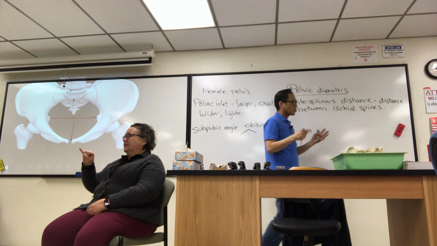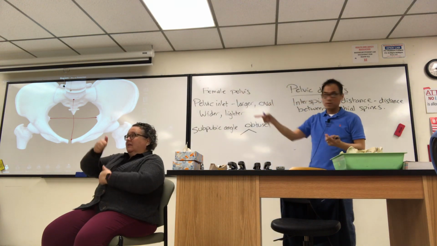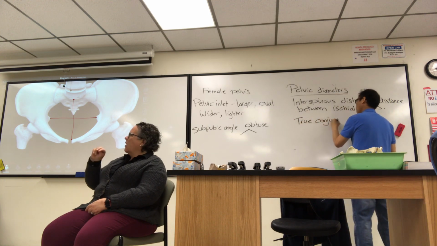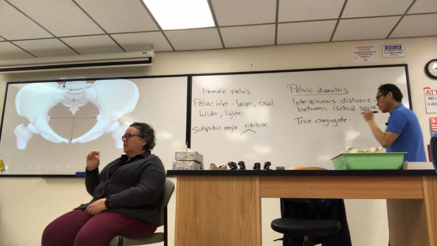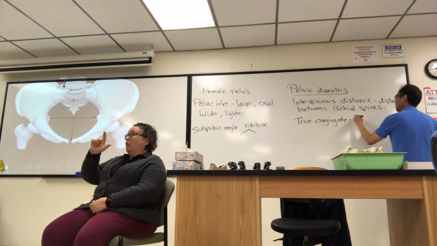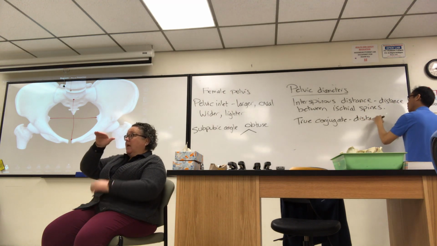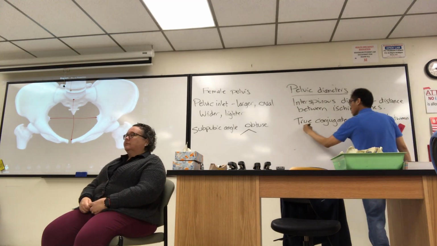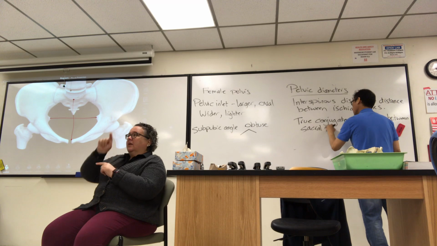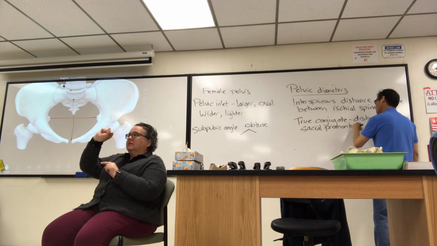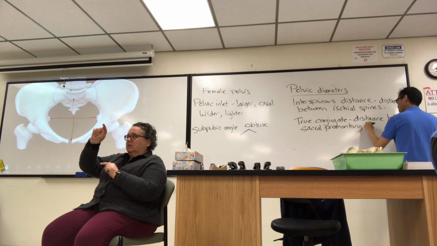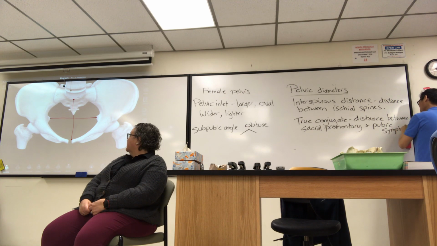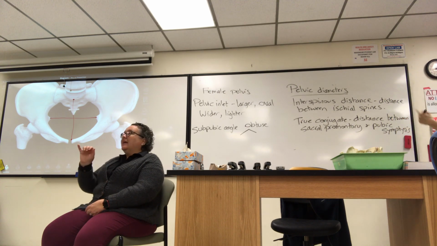The distance is called, it's a weird name, the true conjugate, that second one I drew. That is the distance between the sacral promontory and the pubic symphysis. So that's the narrowest distance from front to back, basically.